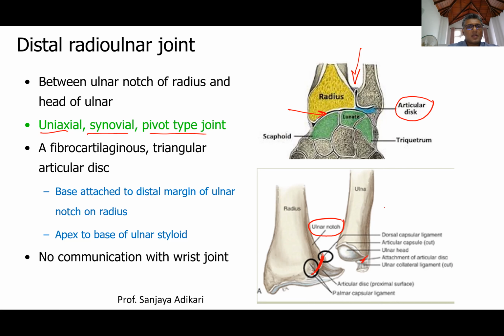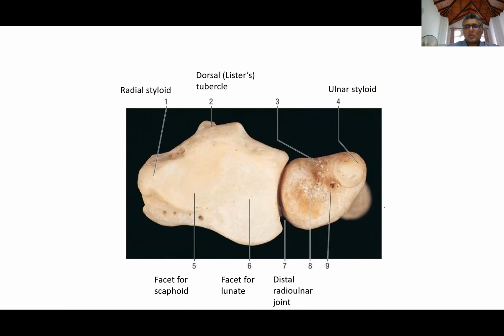I'll show you in a different view. Okay, so you can understand. You can identify the ulnar styloid here, and you get the radial styloid here. So this is the distal radioulnar joint here. If you draw this triangular fibrocartilage, this is how it is.